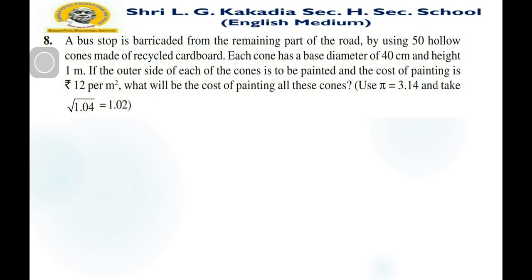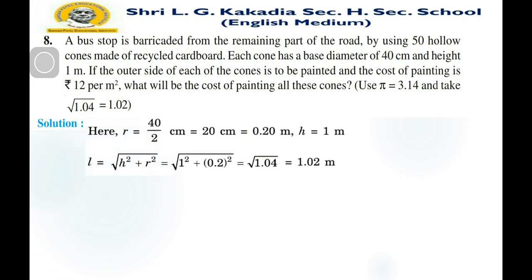It means if we find the curved surface area of one cone, then we multiply by the number of cones, and we get the total surface area that we want to paint. After that, the cost of paint for 1 meter square is given, rupees 12 per meter square.